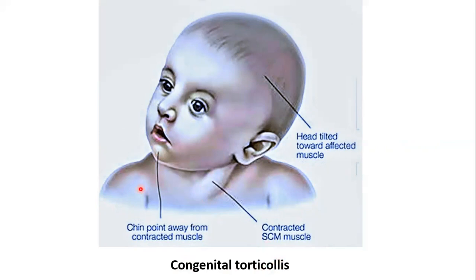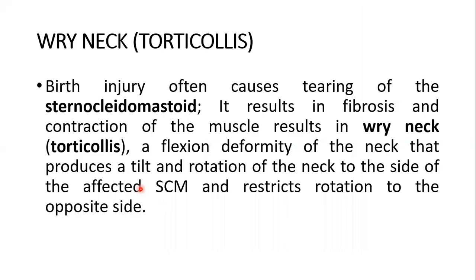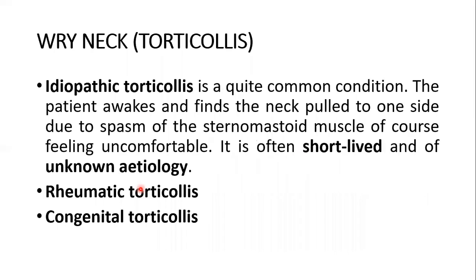It improves gradually by correcting the child's position during feeding and lying down. It generally gets corrected without any aggressive measures. Then there is idiopathic, which occurs without any cause.